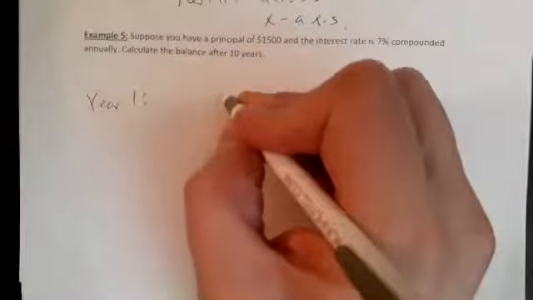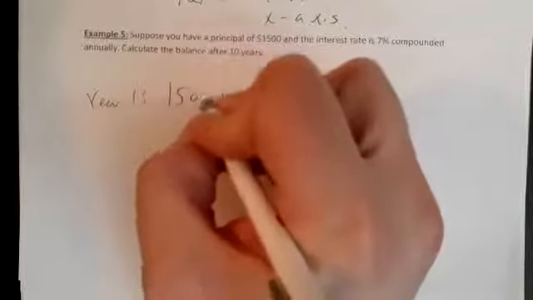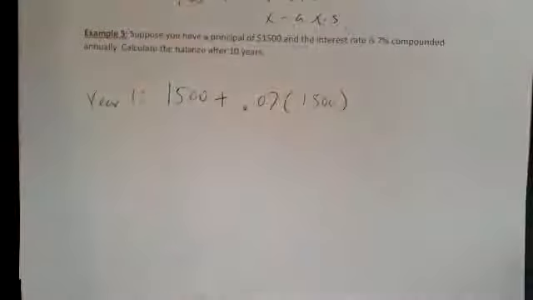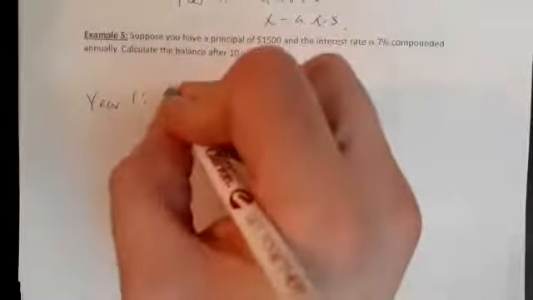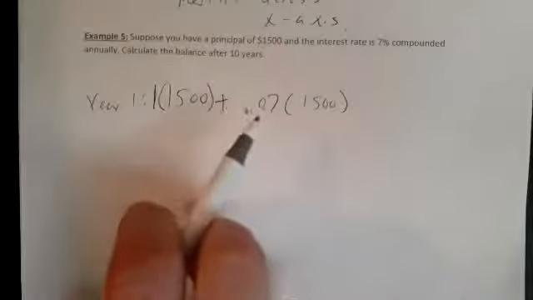And if we were to calculate this, we would take the interest and add it to how much we initially had in the account. This is kind of silly, but I can think about this as being one of the 1500s, and I'm adding 0.07 of them.